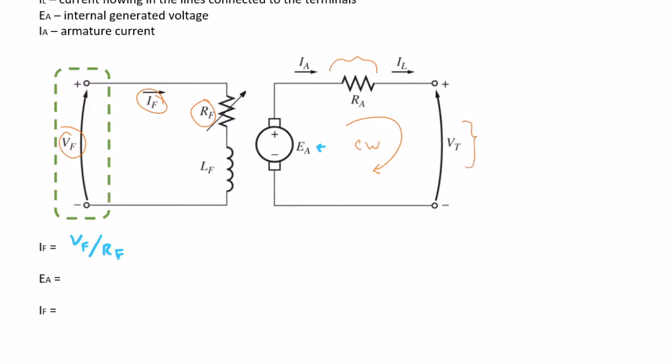The sum of these two voltages will be equal to EA. So therefore EA will be equal to VT plus IA RA.